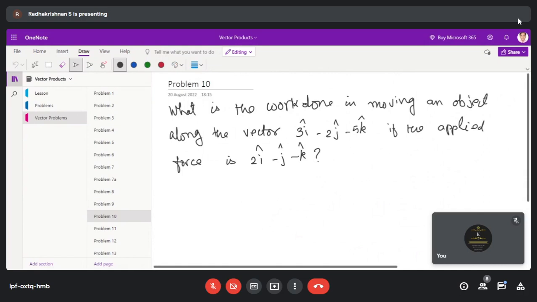This is a displacement vector. Let us say D is given as this, okay, and the F is given as this. So your work done is F dot D.